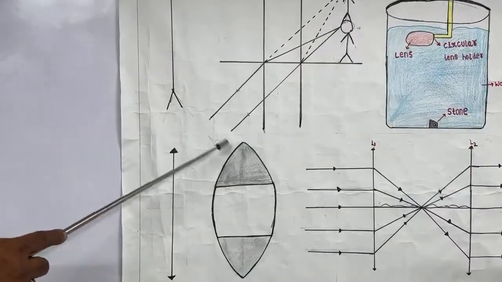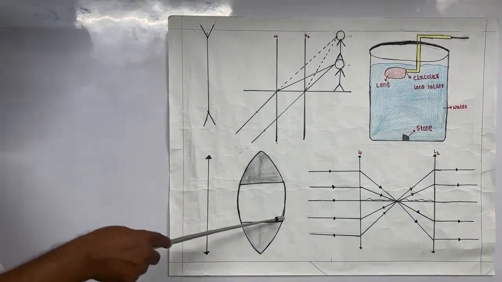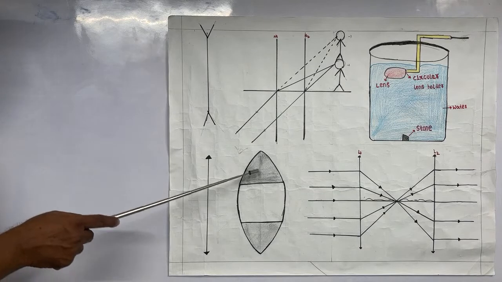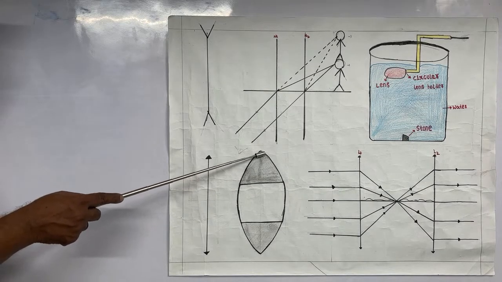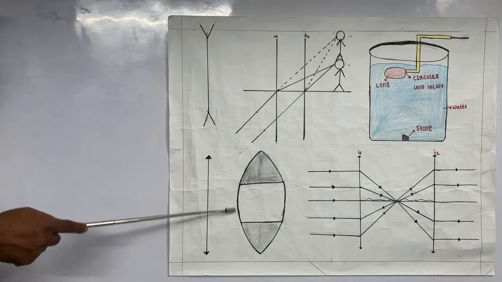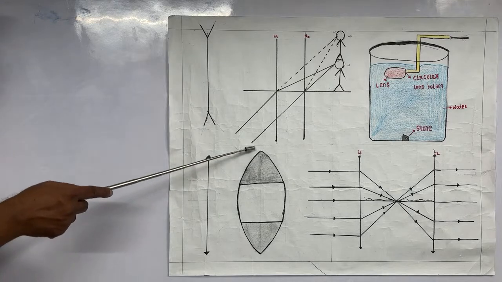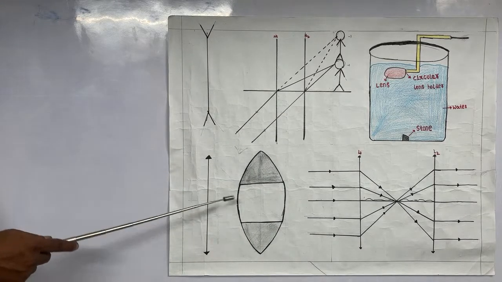And here I am taking one double convex lens. This lens is made up of three different types of materials. These are three different types of glass materials, not equal, not similar.